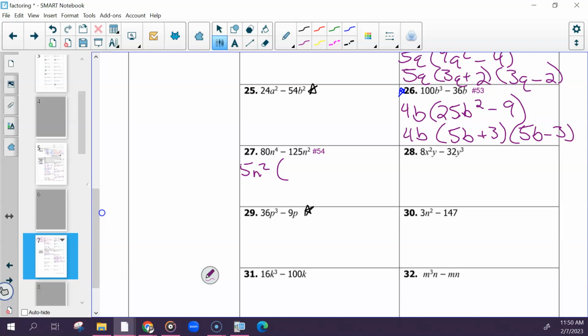N squared minus 25. This one doesn't have GCF anymore, so we can use difference of squares. What would those two factors be?